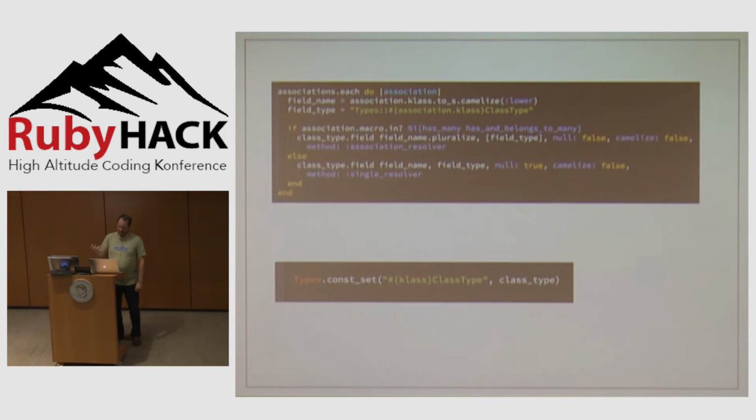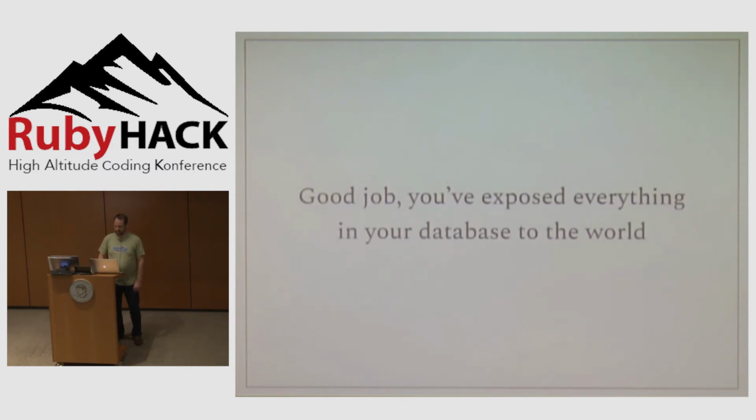And so yeah, if the association is a has many or has and belongs to many, I need to pluralize it. I need to do it as a list instead of an individual field. And then it gets a resolver for multiple and then singular. And then I just const set that in as my class type, and it's with all my types.